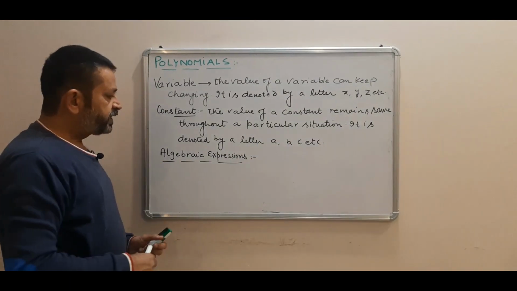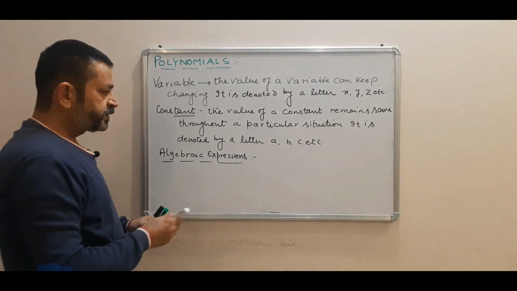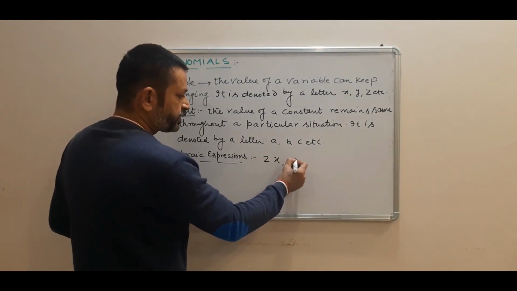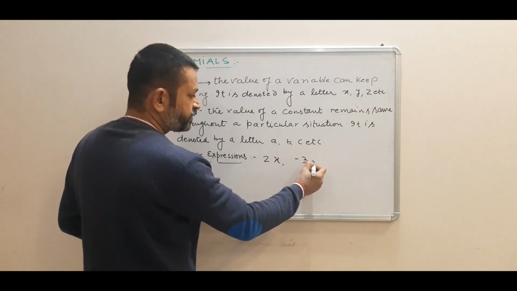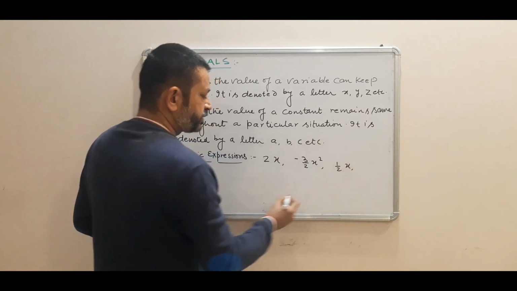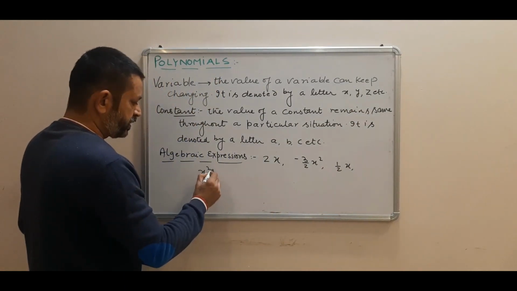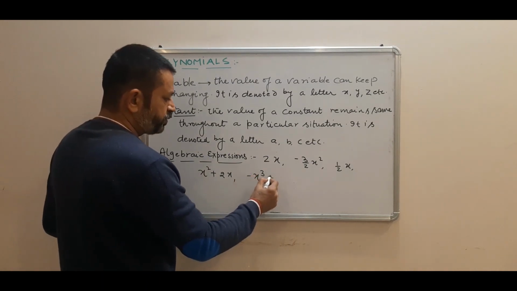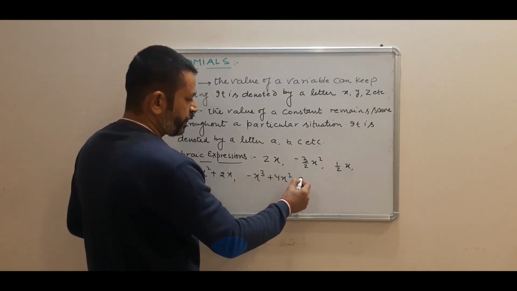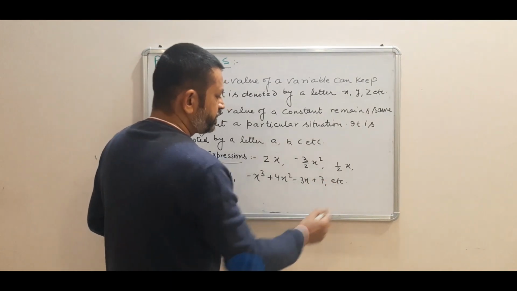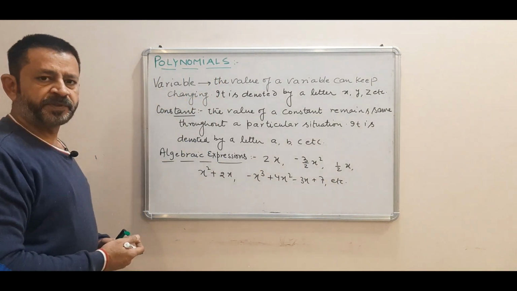The next term is algebraic expression. Algebraic expressions are of the form like 2x, minus 3 by 2 x square, half x, x square plus 2x, minus x cube plus 4x square, minus 3x plus 7, etc. These all are algebraic expressions.